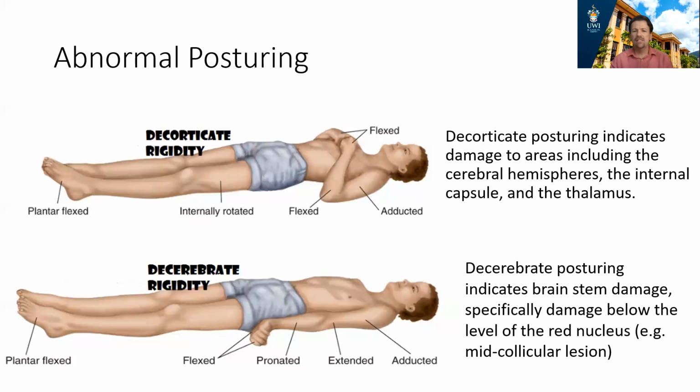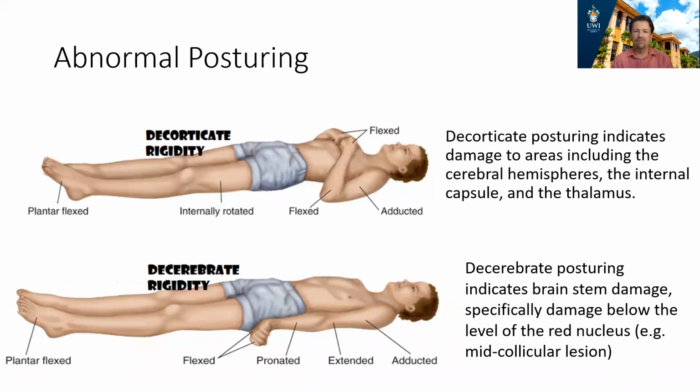Now, within this context of looking at the coma, I want to talk about 2 abnormal postures that can be adopted during damage to reticular formation and during a coma, because they help us understand some key physiology. The first is what we call decorticate rigidity, and the second is called decerebrate posturing.